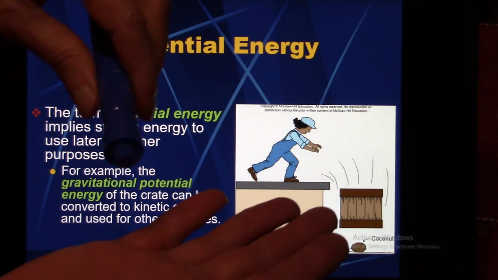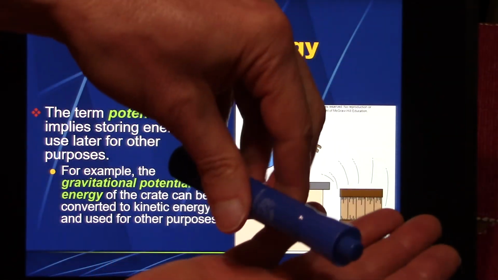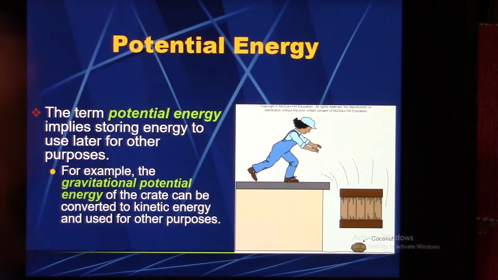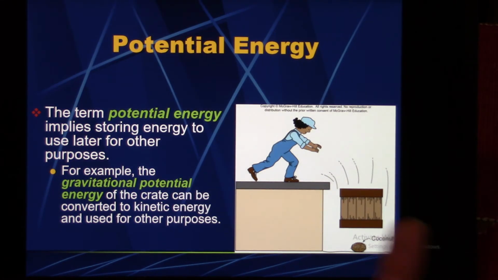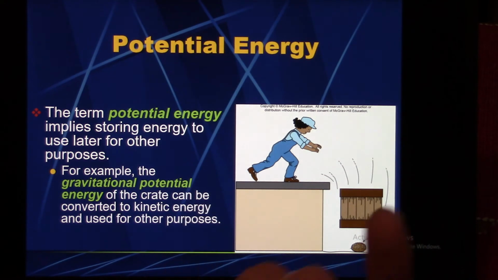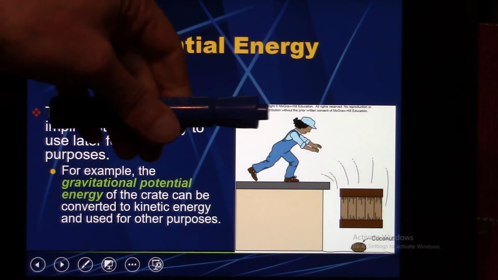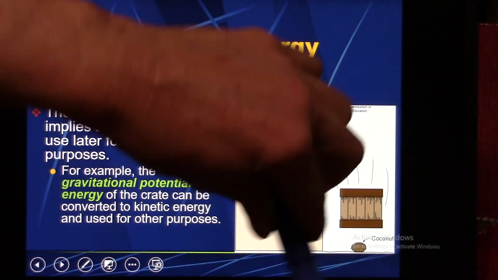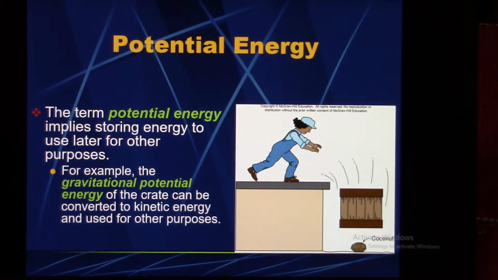Well, what they do is they divert a lot of that water, and instead of it just going down into the gorge, it turns these turbines, and they make electricity. So we get all of our electricity from the potential energy of the water that's higher, and then as the water's flowing down and turning the turbines, it's turning into kinetic energy. And then we get electrical energy from that.